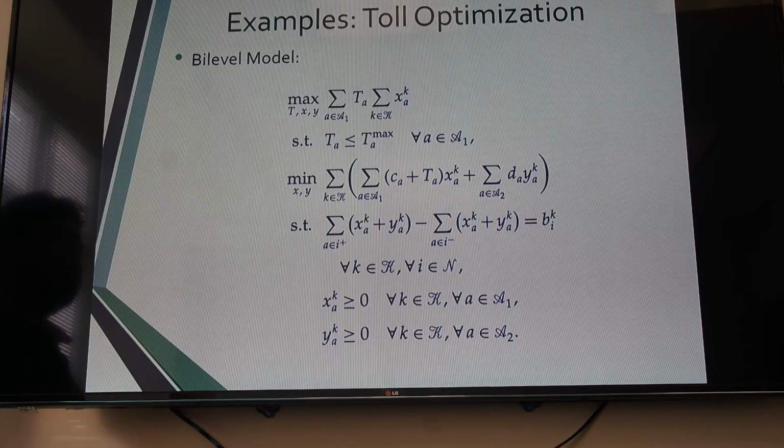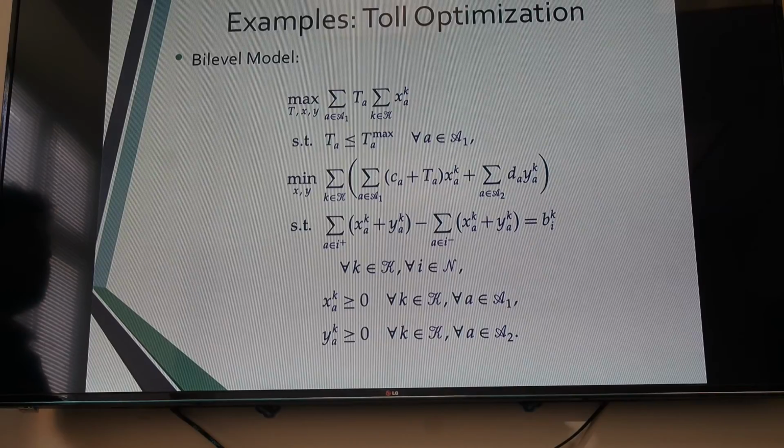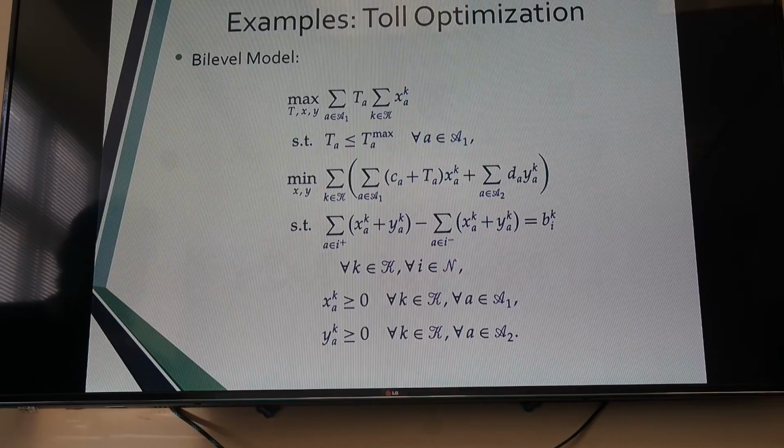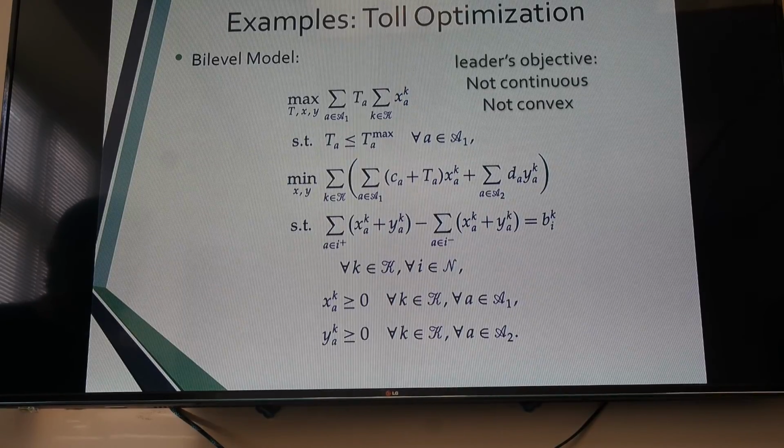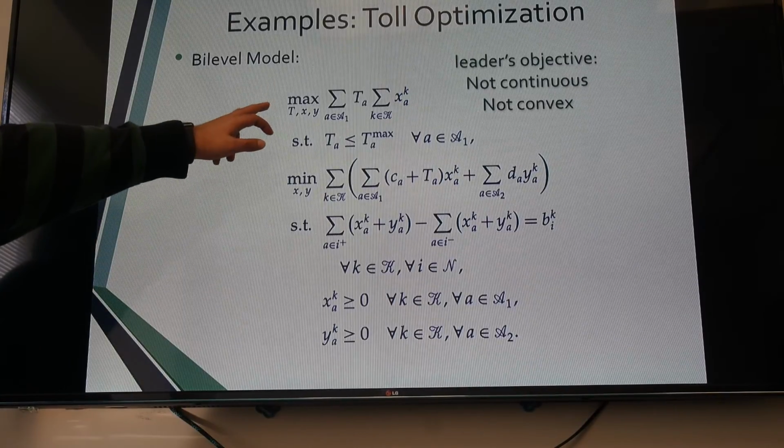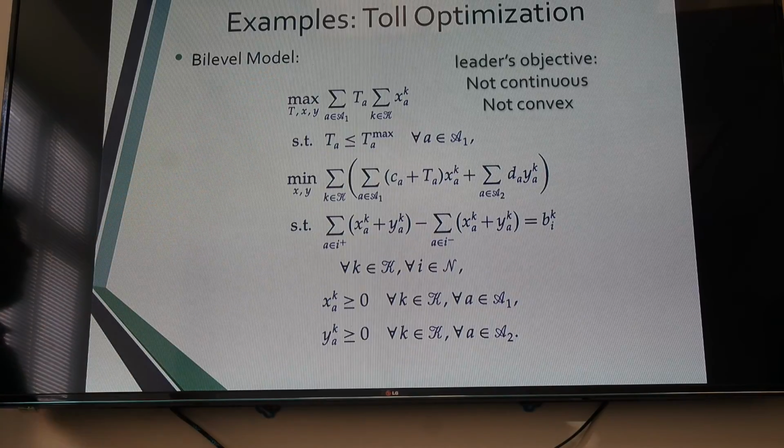So this is an example for a bi-level optimization I found in one of the papers. They found that in this bi-level model, the leader's objective is not continuous and not convex.